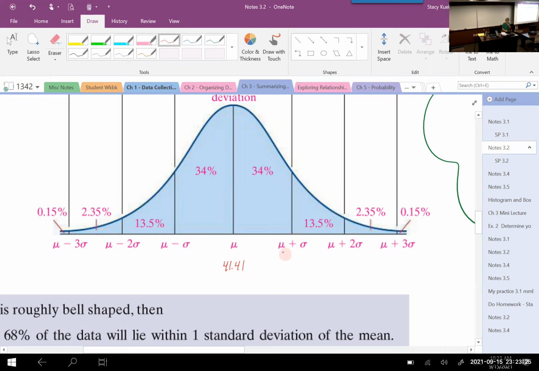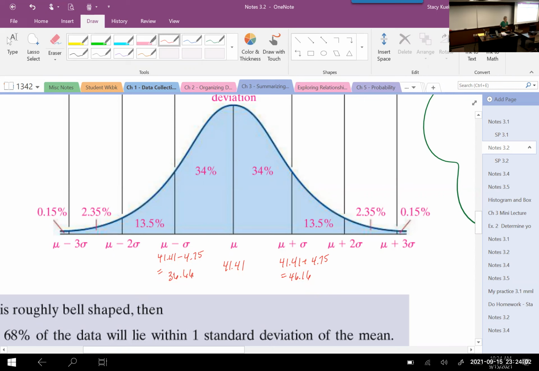So if I'm thinking of a number line and writing some of this out, somebody tell me, what is 41.41 plus 4.75? Okay, so that equals 46.16. And now take 41.41 and subtract 4.75. 36.66.